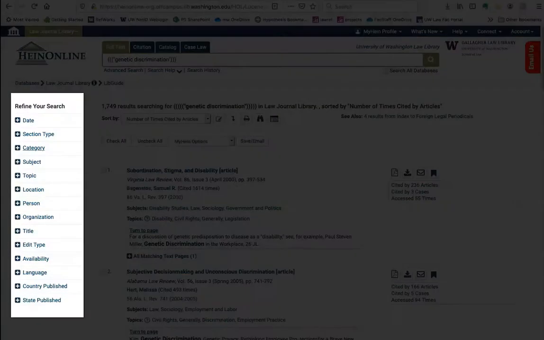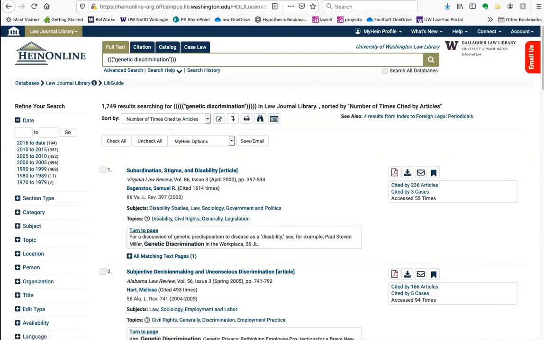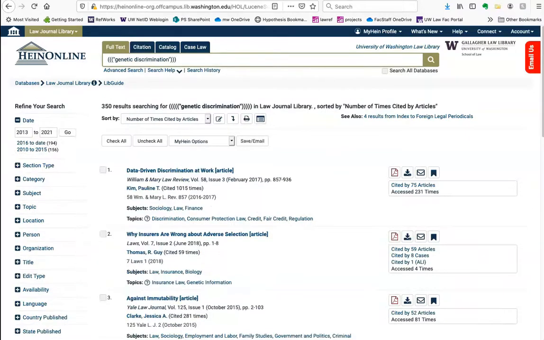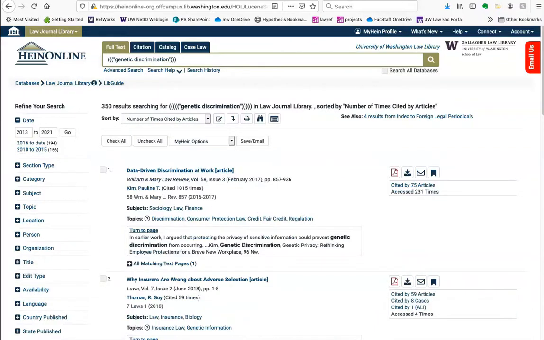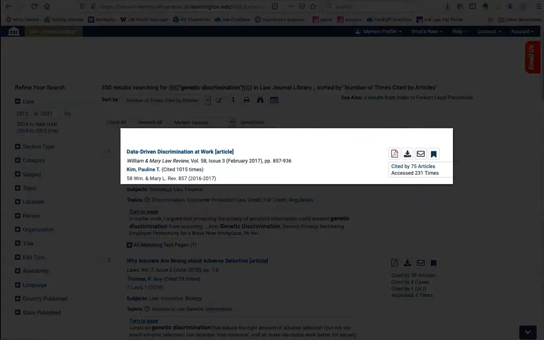In the left column, we have lots of ways to refine our search. Date is the most obvious, and let's say we wanted, say, the last 7 or 8 years. Now we just have 350 results. It's still sorting by the most cited. So now our top one is Data-Driven Discrimination at Work.